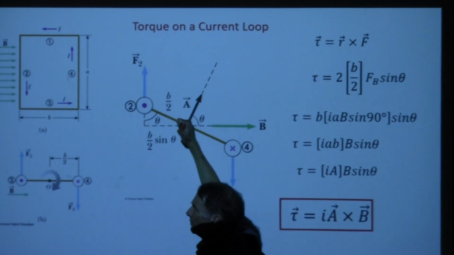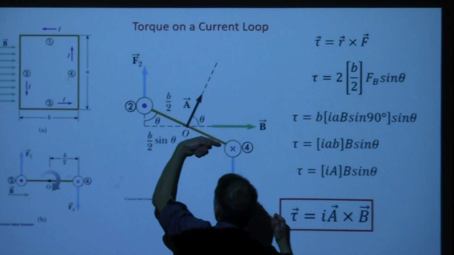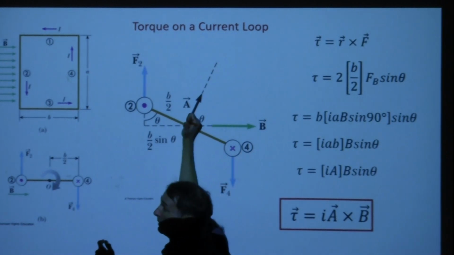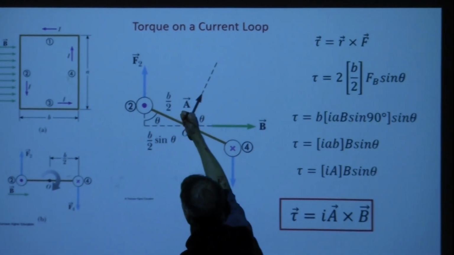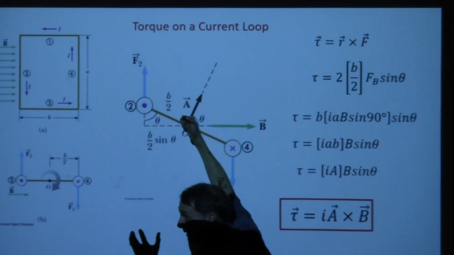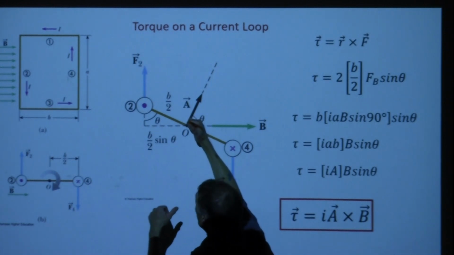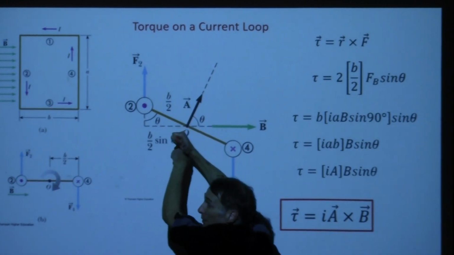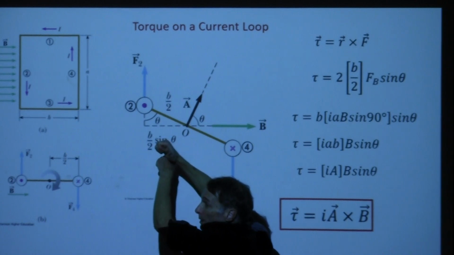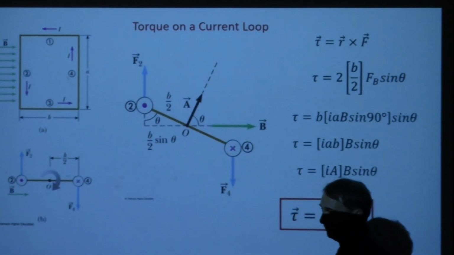I think I had that wrong. I stated that wrong earlier. Yeah, the current crossed into B is out this way. So there is a force. It is this way, and it's not leading to any torque. On the far side, since the current's going the other direction, there's going to be a force in the opposite direction that would be equal. So between the front side and the back side, they're going to cancel.